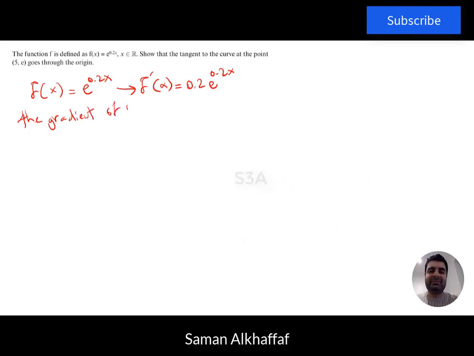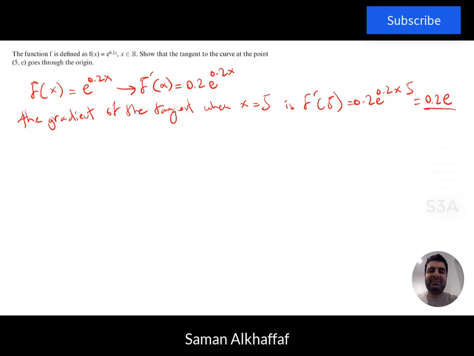In this scenario, the gradient of the tangent where x is equal to 5 is f dash of 5, which is 0.2 e to the power of 0.2 multiplied by 5, which will give us 0.2 e to the power of 1, so that will be 0.2 e.